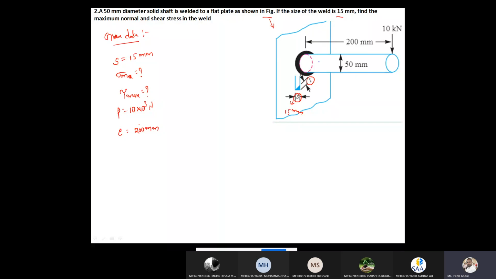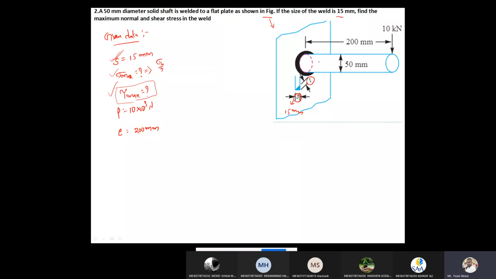Okay. So for this type of problem, in the previous problem, the shear stress value was given and we were asked to calculate the s value. In this problem, the s value is given and we are asked to calculate the stress. It means the same equation we have to write. What is the maximum principal stress theory equation?